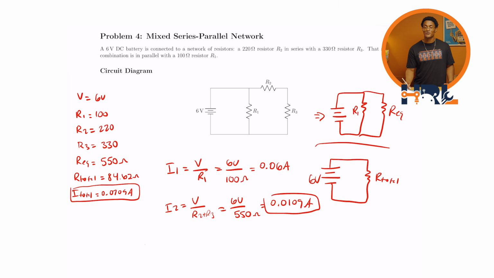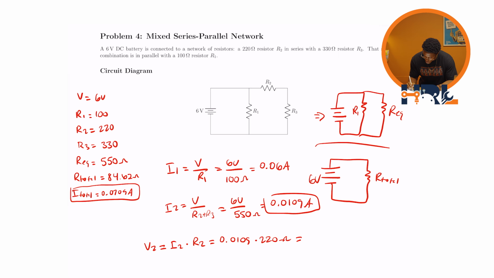Very nice. So now that we have the total current going through I2, we can figure out what the voltage drop through each resistor is going to be. So let's find out what V2 is. V2 is I2 times R2, and that is going to be 0.0109 amps times 220 ohms, which is approximately 2.40 volts.